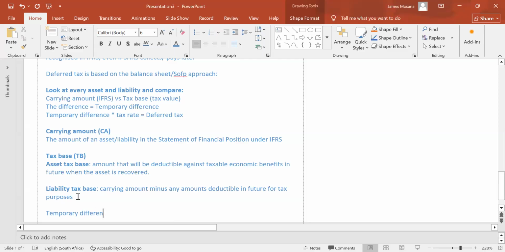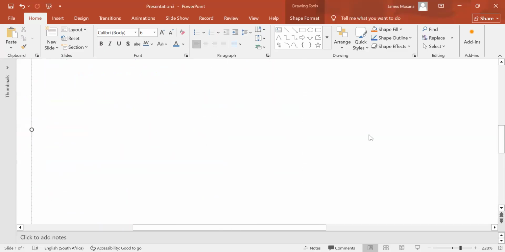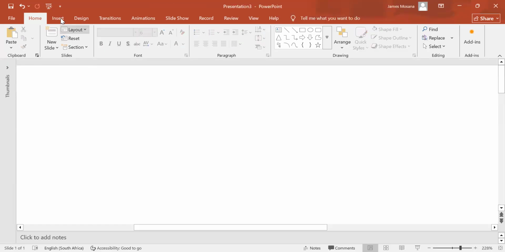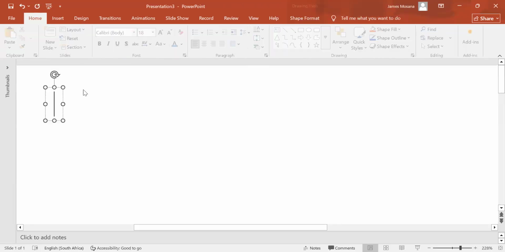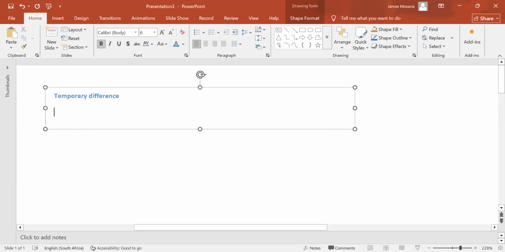Temporary differences are the carrying amount less the tax base.